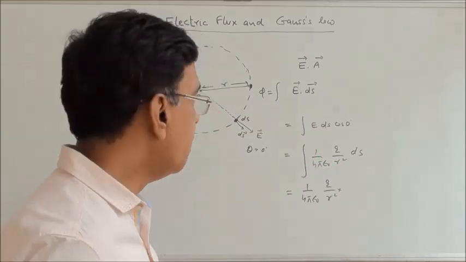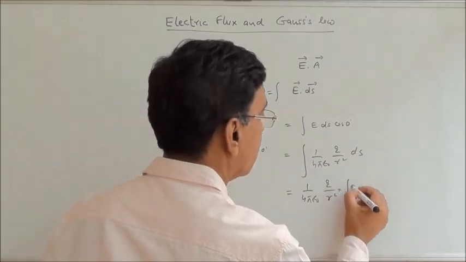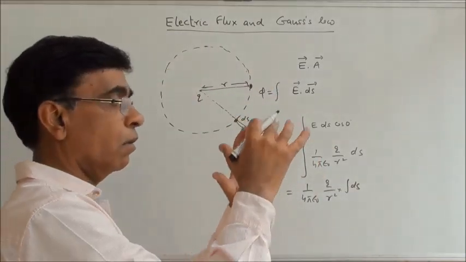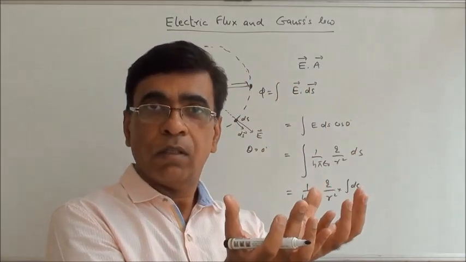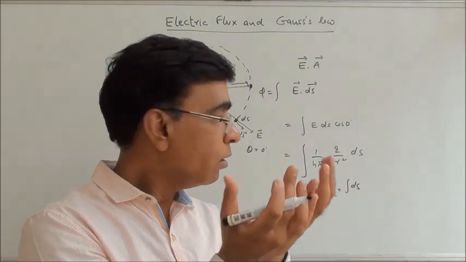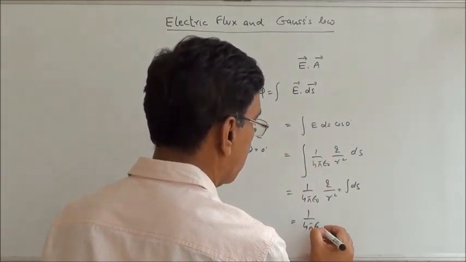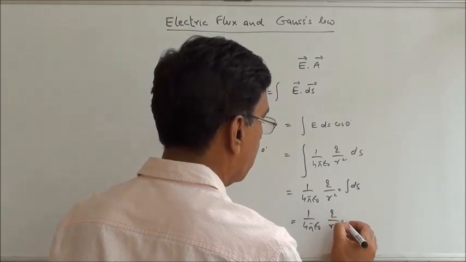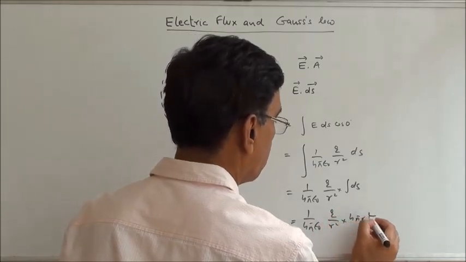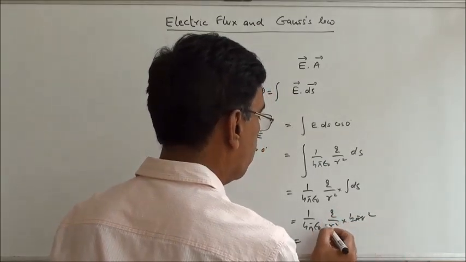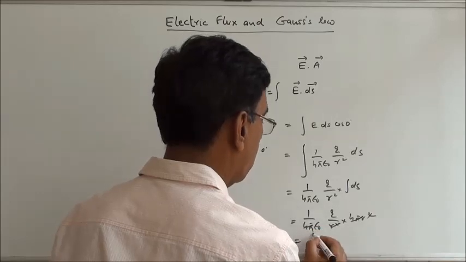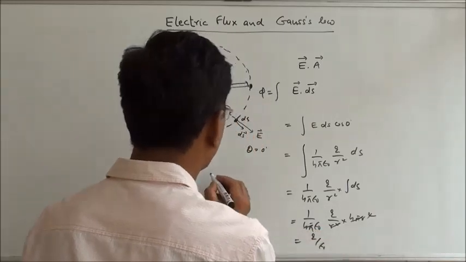Integration of ds is the total area of the sphere, which is 4 pi r square. So 1 by 4 pi epsilon naught, q by r square, into 4 pi r square.